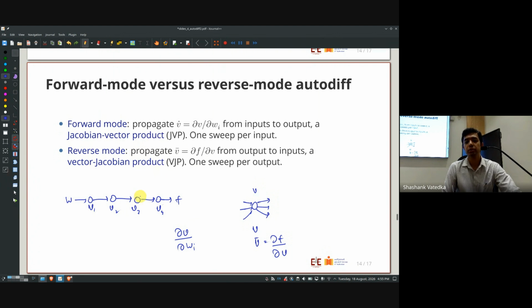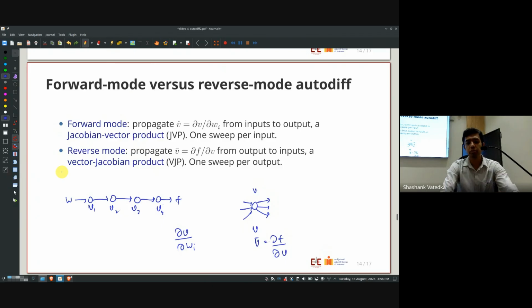And then you find the partial derivative of v3 with respect to w, and so on. So instead of finding the partial derivatives in this reverse order, you could also do it in the forward order. Right? They're both valid approaches to build the computation graph and compute these derivatives.